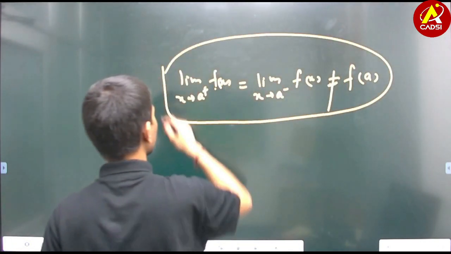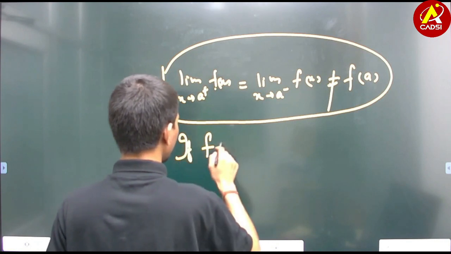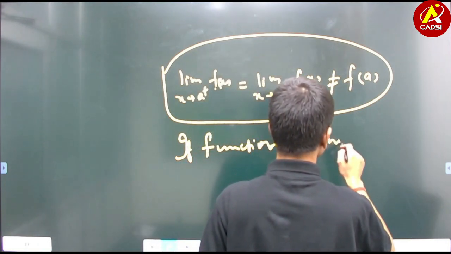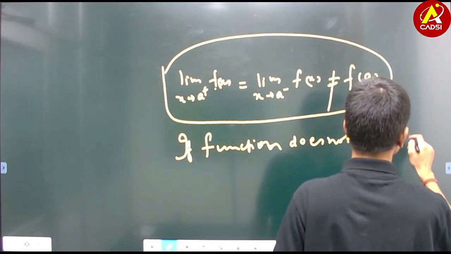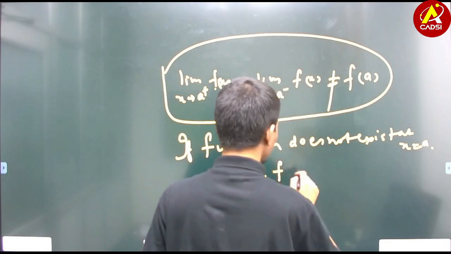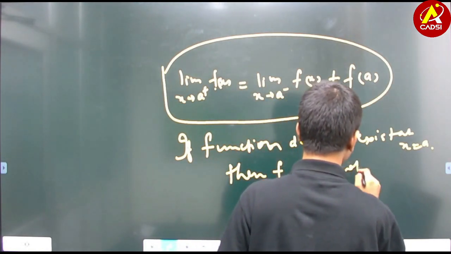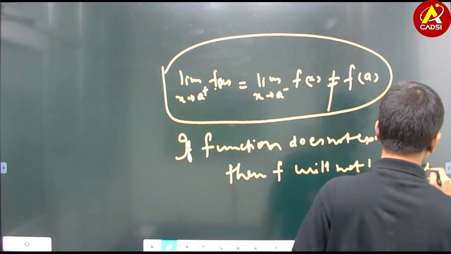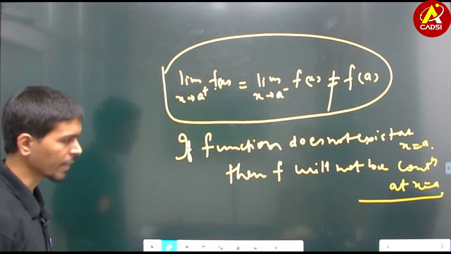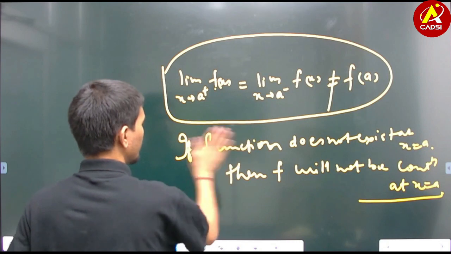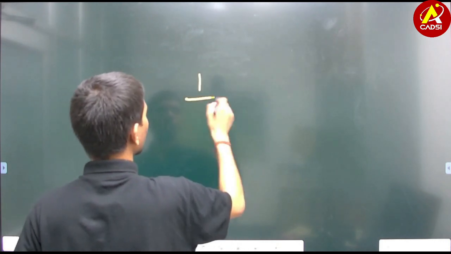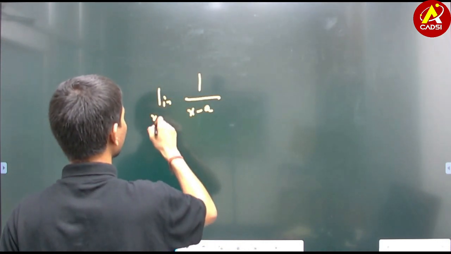Also, if the limit of the function does not exist at x equals a, then the function will not be continuous at x equals a. Suppose we take 1 upon (x minus a), with limit x tending to a.